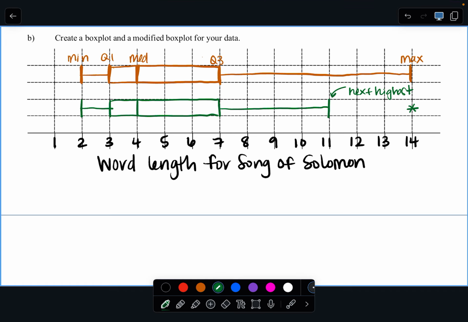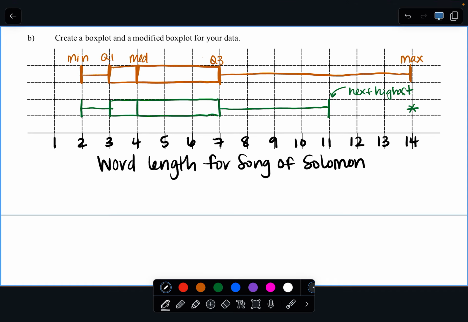One thing before we wrap this up is I want you to know each of these sections of the box plot are 25% of data. So even though that section on the left-hand side is really small in comparison to the section on the right-hand side, the Q3 to max compared to the min to Q1, they still have the same number of data points in their sections.